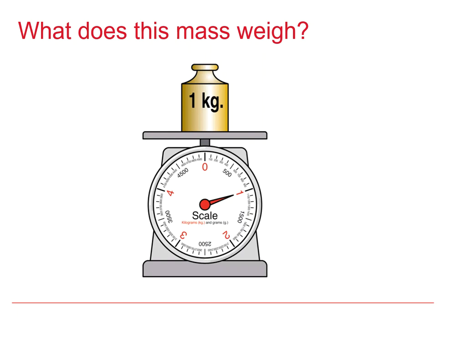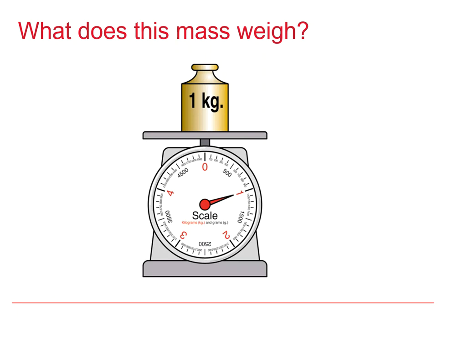If you were to put those scales on another planet, different size from the Earth, they'd give a different reading. And that's because this thing would have a different weight. However, because we're assuming these scales are based on the Earth, they are calibrated to read off in kilograms.